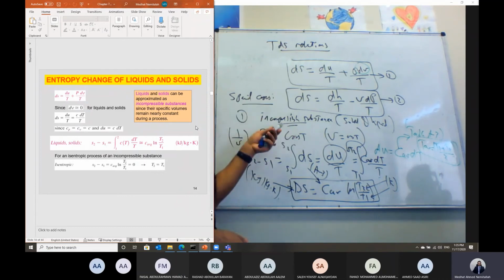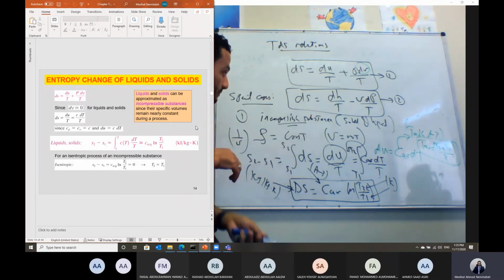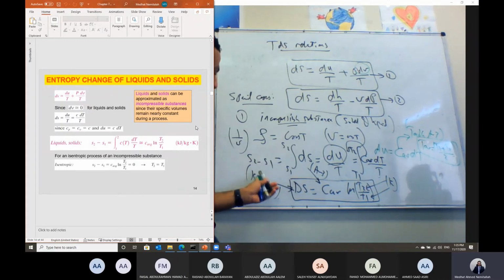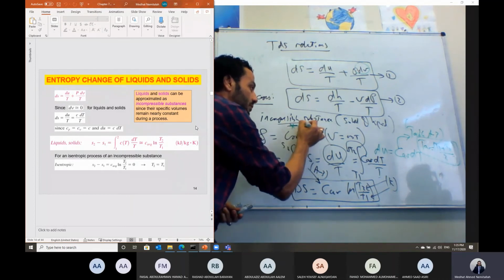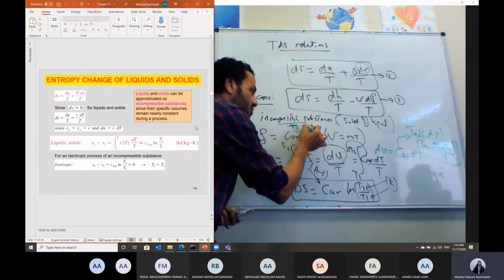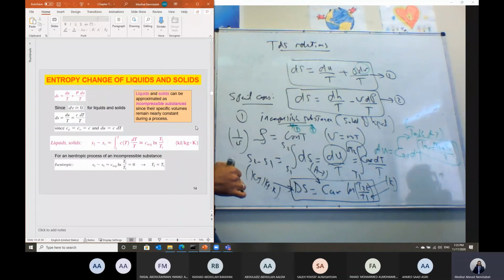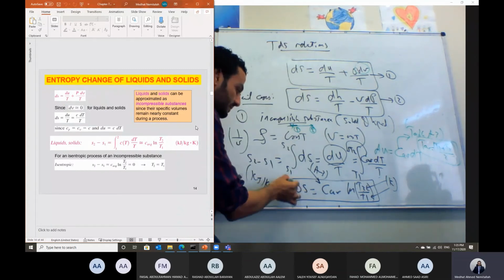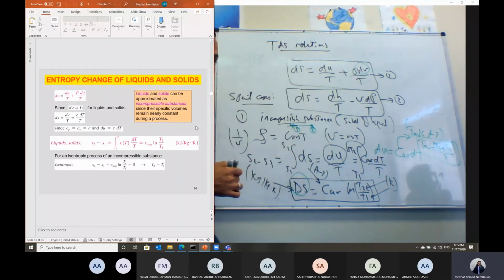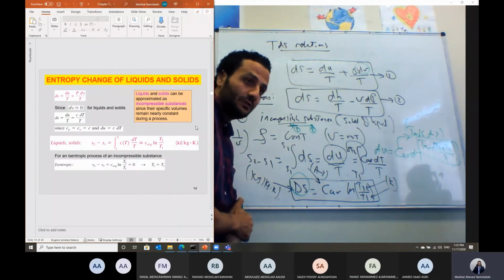Today, inshallah, we'll just be considering the case of an incompressible substance like a solid or liquid: how we can calculate the change of entropy if an incompressible substance undergoes a process from state 1 to state 2. Inshallah, next time we will learn how to calculate delta S when the working fluid is a gas.